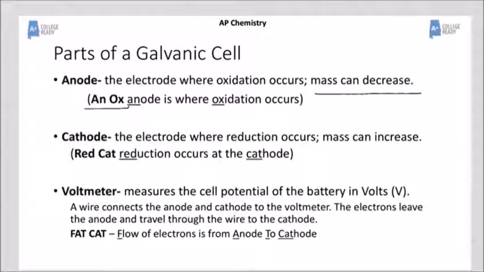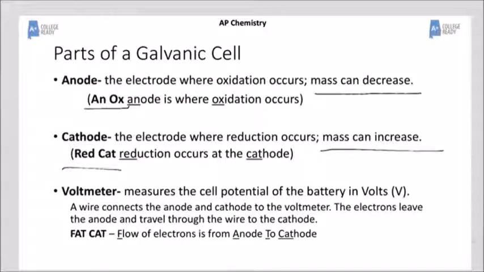When we have reduction, if there's a solid metal involved, since we need the oxidation numbers to go down, like if it's a metal ion, like we saw copper 2+, it would gain 2 electrons to go to solid copper. If there is a solid metal involved, you would see the mass of that electrode go up because you're producing more solid as part of that reaction. So we call this the red cat because reduction occurs at the cathode.